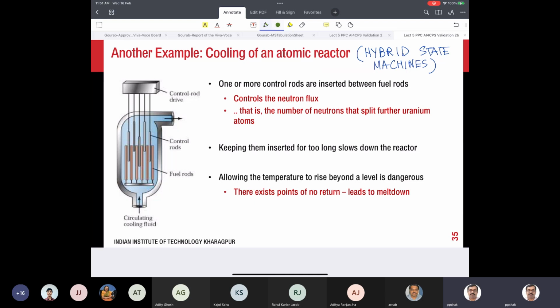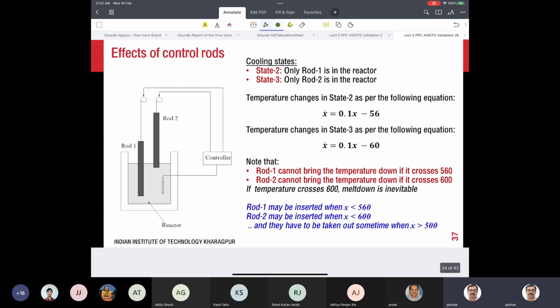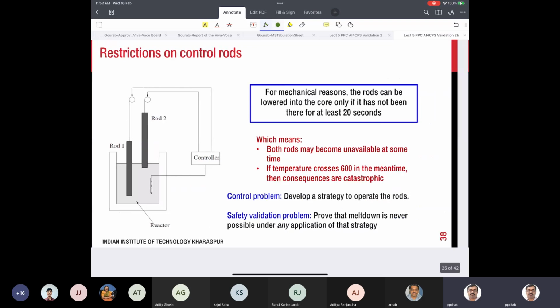That is when you have to use what are called hybrid state machines. This is just one small example of an atomic reactor cooling plant which has two cooling rods which go inside and outside and cool the system. I will share these slides with you, but let me just show you how the behavior is modeled.